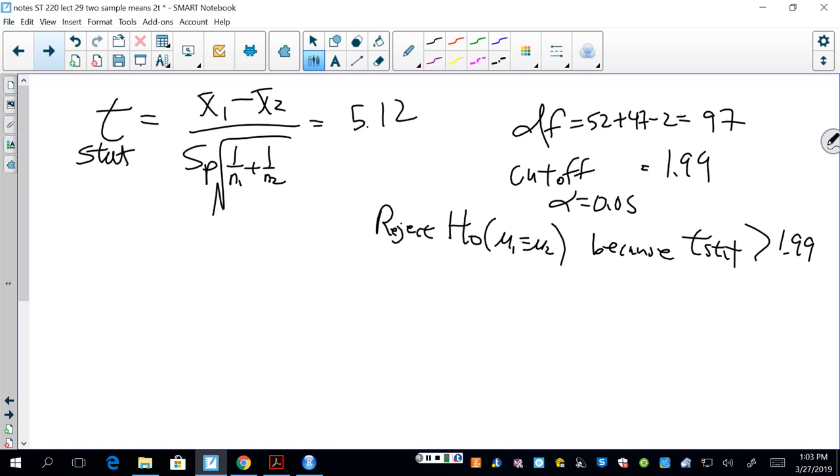The p-value, if you calculated the probability of being greater than 5.12, is practically 0. Articles might report a p-value less than 0.001, meaning highly statistically significant, 1 in 1,000 or more rare than that.